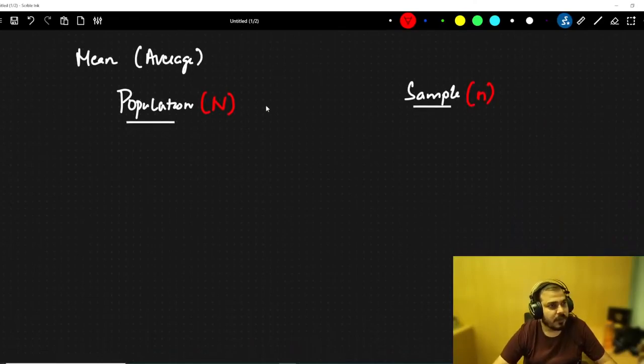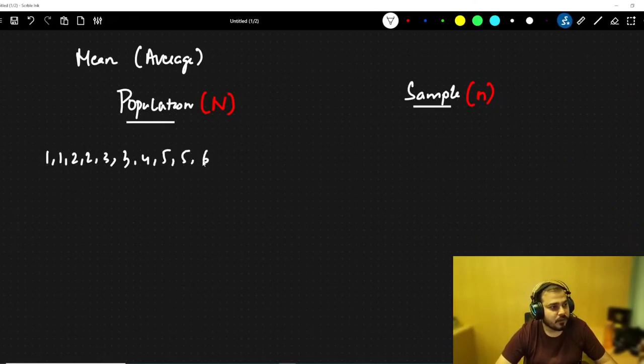Whenever we discuss mean, remember that we are trying to find the average of a specific distribution. So let's say my data set looks something like this: 3, 3, 4, 5, 5, 6.